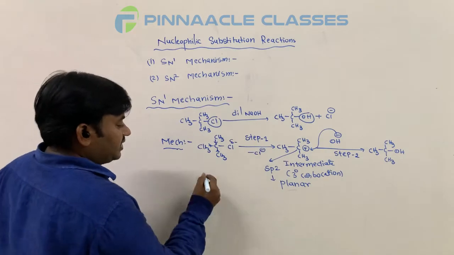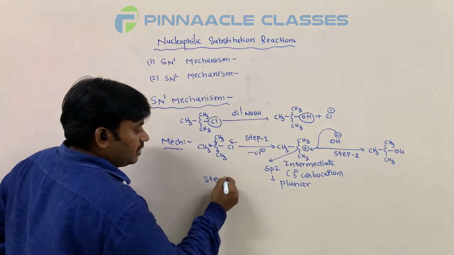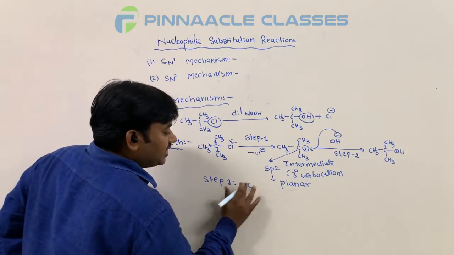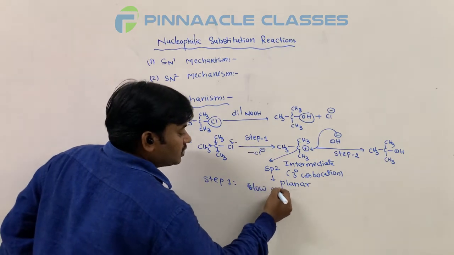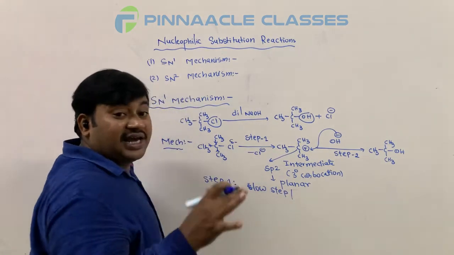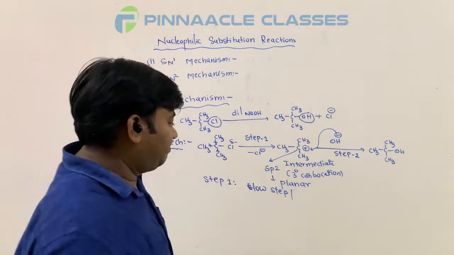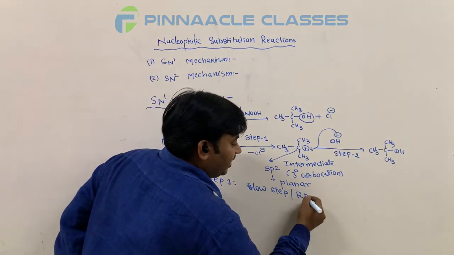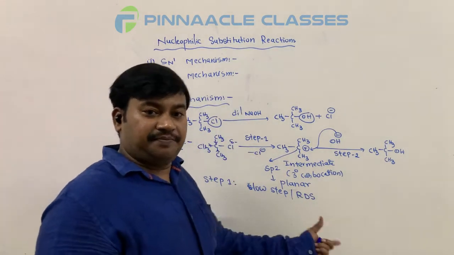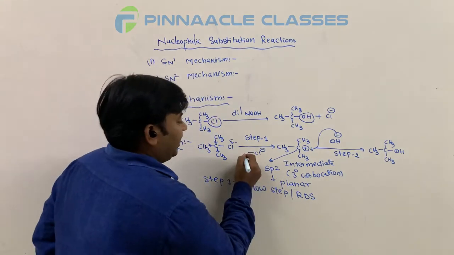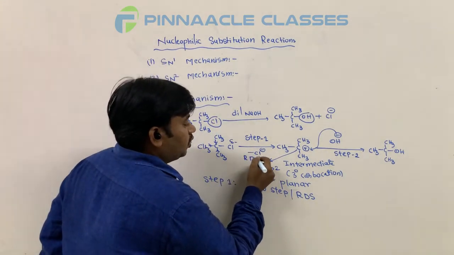Step 1 is a slow step, and this is considered the rate determining step. So you can write RDS, rate determining step. It is called the rate determining step, the slow step.